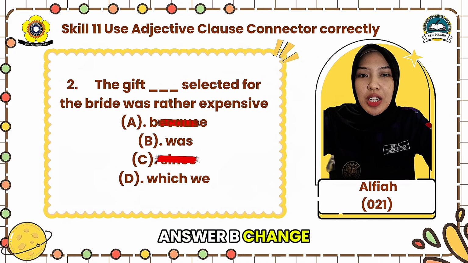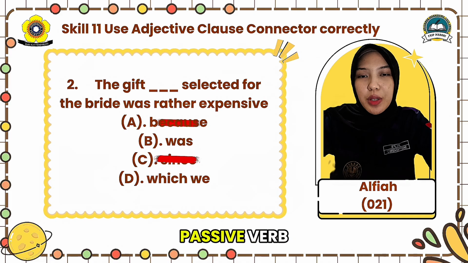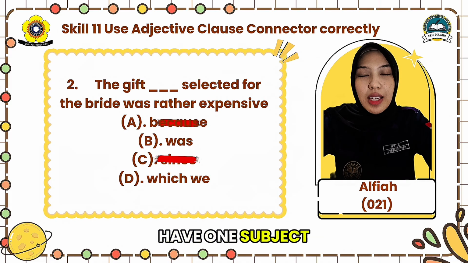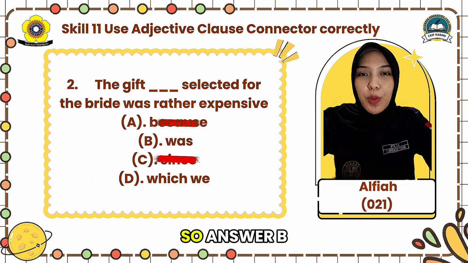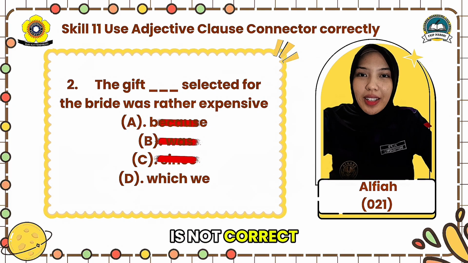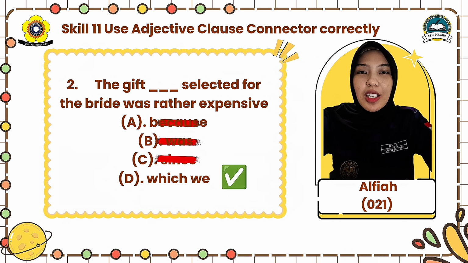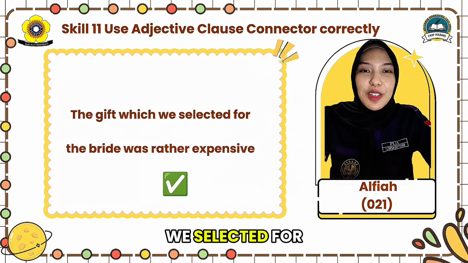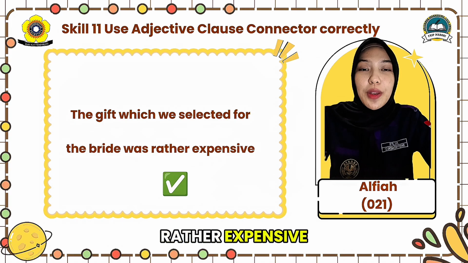Answer B changes selected into a passive verb. In this case, the sentence would have one subject and two verbs. So, answer B is not correct. The best answer to this question is answer D. The correct sentence should say, the gift which we selected for the bride was rather expensive.